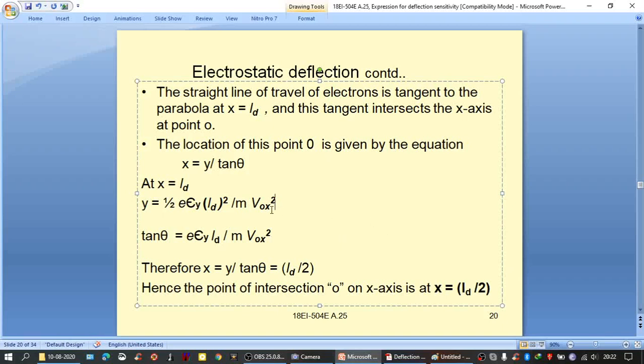Now m V0 square in the numerator and denominator get cancelled out, E Ey in the numerator and denominator get cancelled out, and LD square in the numerator and LD in the denominator, so one LD also gets cancelled out. So the expression for x, that is the distance x at which the tangent intersects the x-axis, is given as LD by 2.